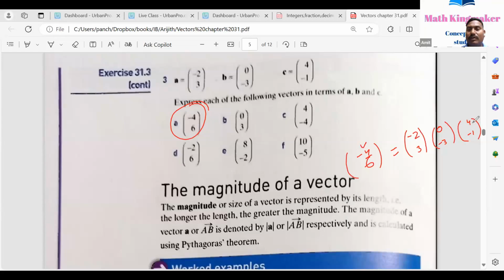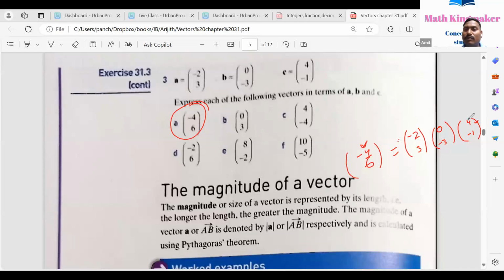If you add these three, you will get, sorry, you have to make it -4. So if you keep it 4 times, it will be -8, and you keep it like this.